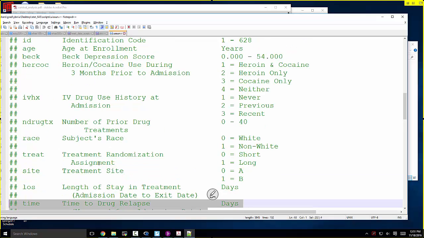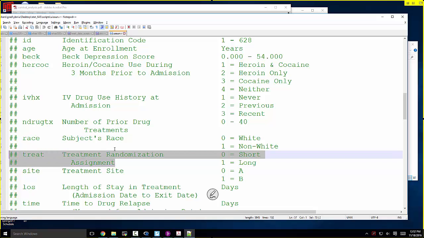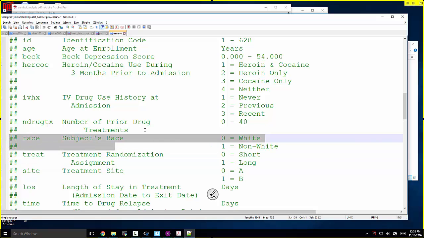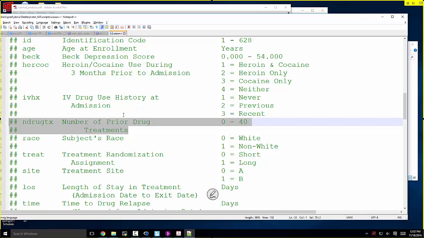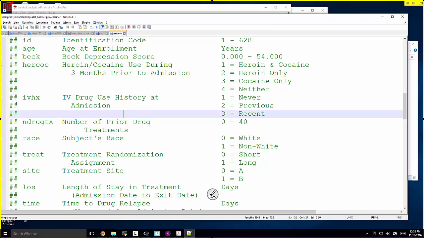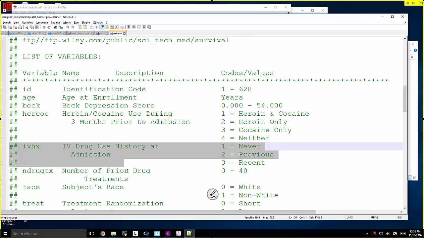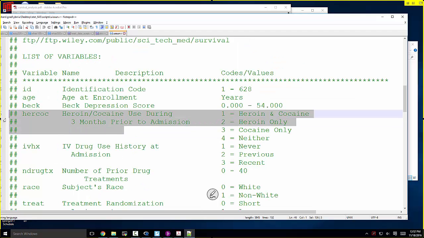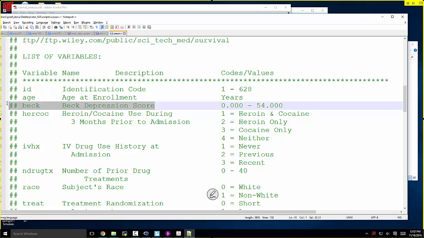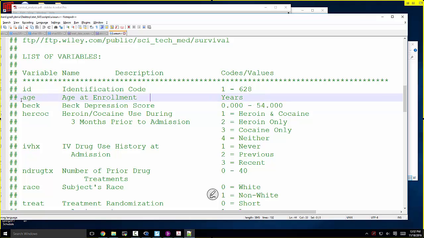The treatment group, certainly, we're interested in that. Race, number of prior drug treatments, history of IV drug use at admission, heroin and cocaine use during the last 3 months leading up to admission. We have a quantification of depression. We have age.